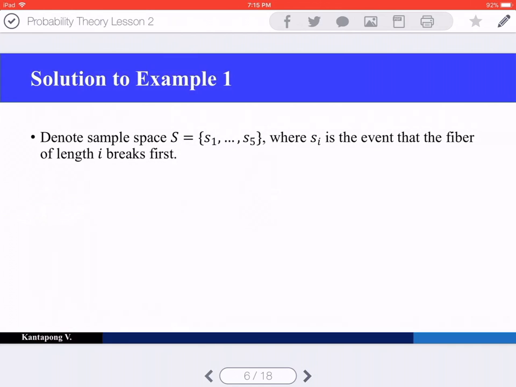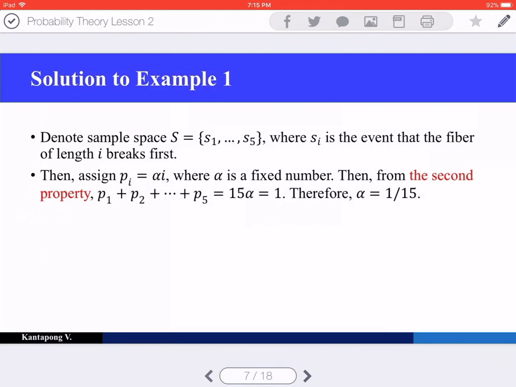First, since the sample space is finite, we can list the outcomes from S1 to S5, where Si is the event that the fiber of length i breaks first. Then, we assign probability Pi equal to alpha i, where alpha is a fixed number. Why do we need this?